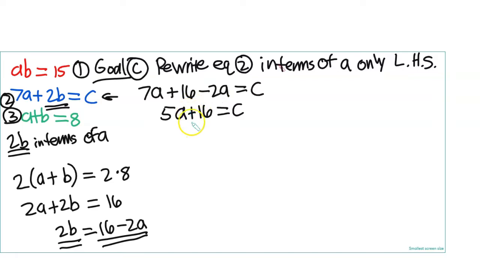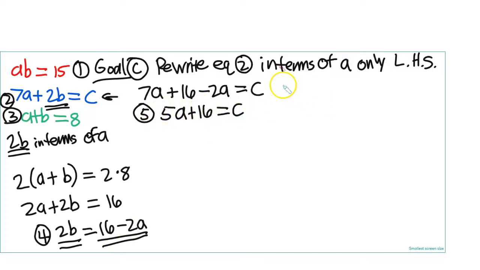Then we need to say, well, look, we can't quite get the answer yet because we don't have a. So let's call this equation 4 and this equation 5. We're just labeling things. Equation 4 was 2b equals 16 minus 2a, and equation 5 is 5a plus 16 equals c.